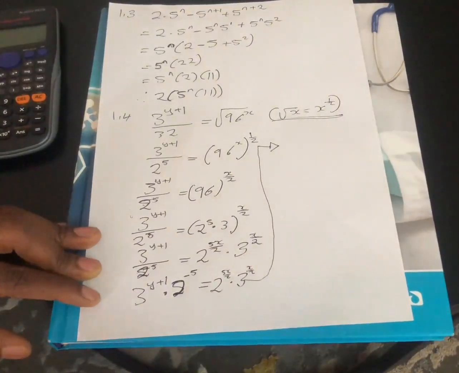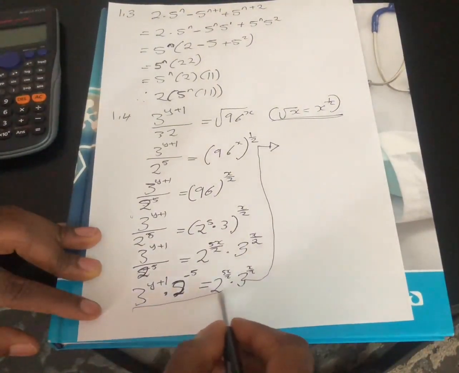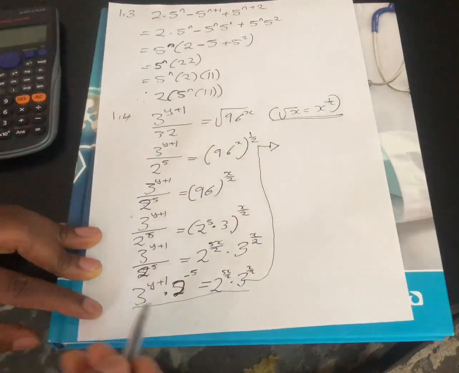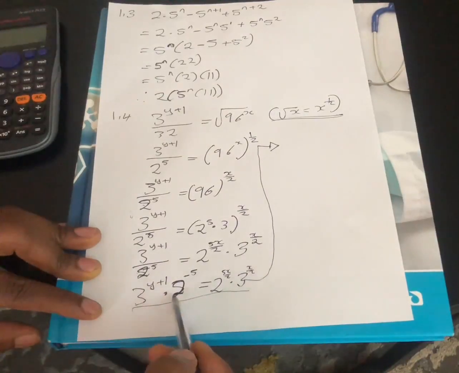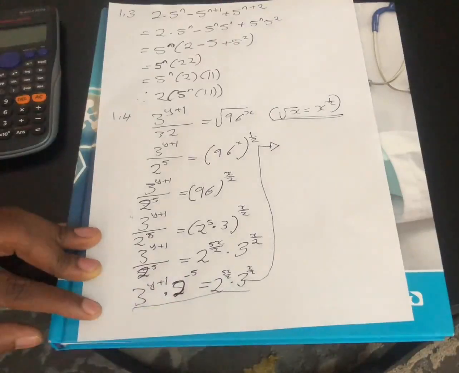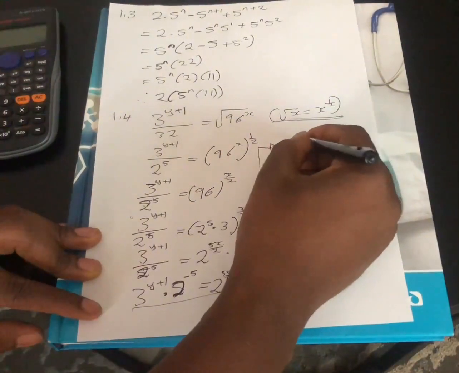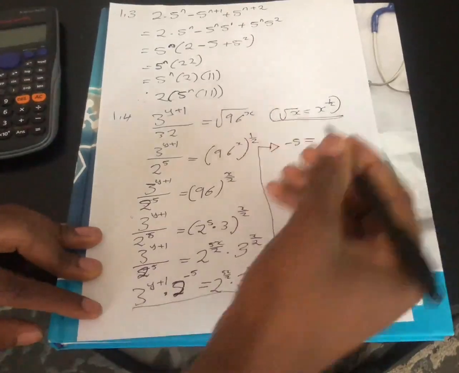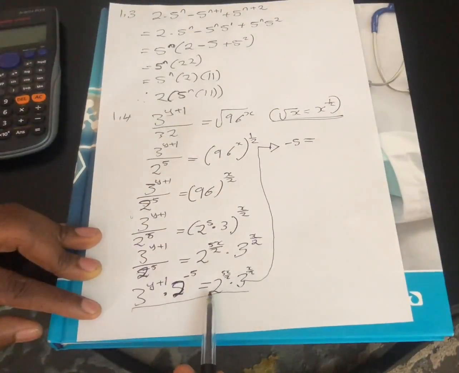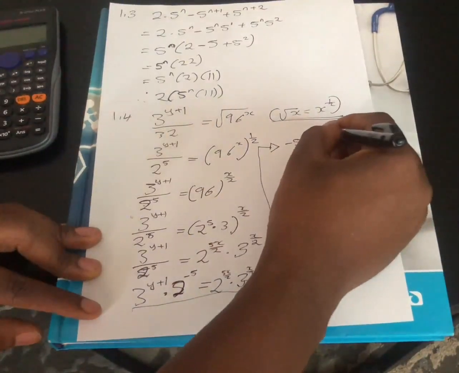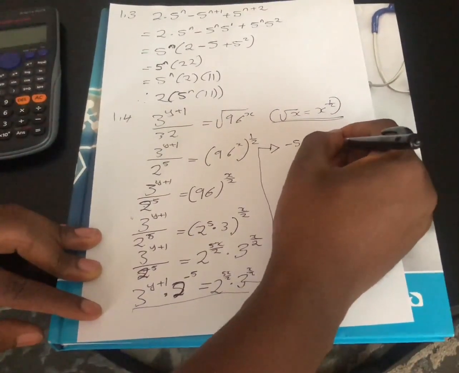Because now we have everything in a linear format, we are going to equate the exponents of base 2 and the exponents of base 3. So let's begin with the base 2 exponents. On one side we have negative 5, so negative 5 is equal to the exponent of base 2 on the other side, which is 5x over 2.